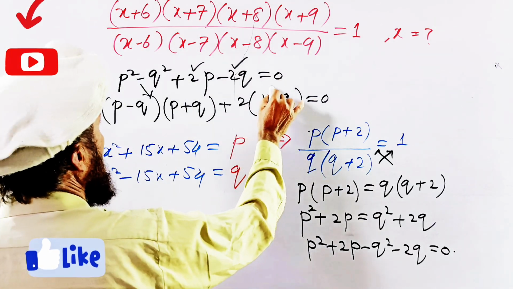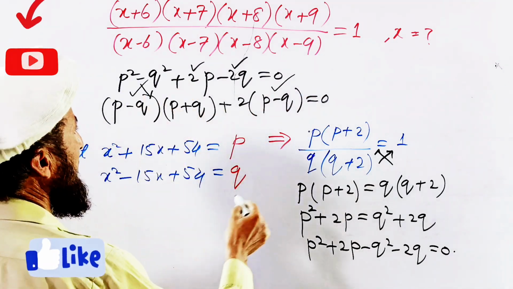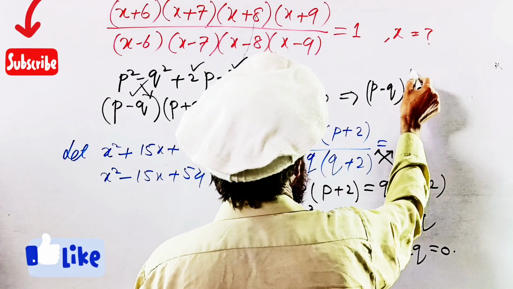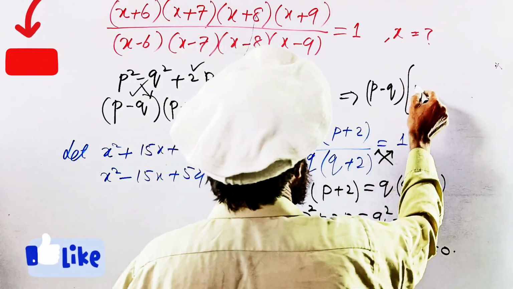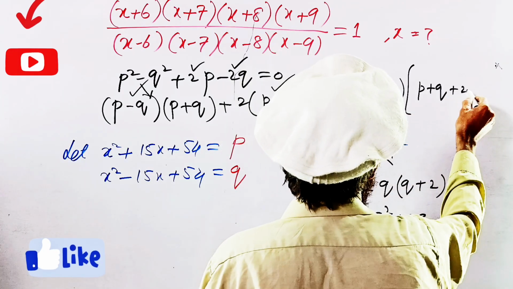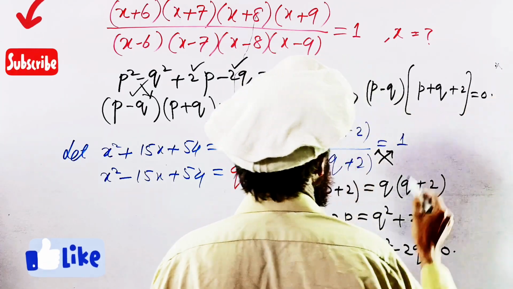Now we take p minus q common, so we get the result p minus q into p plus q plus 2 is equal to 0.